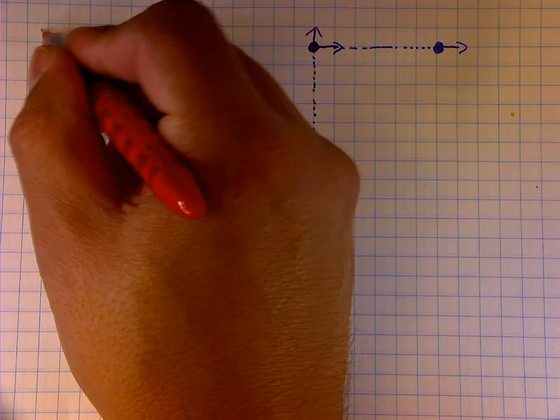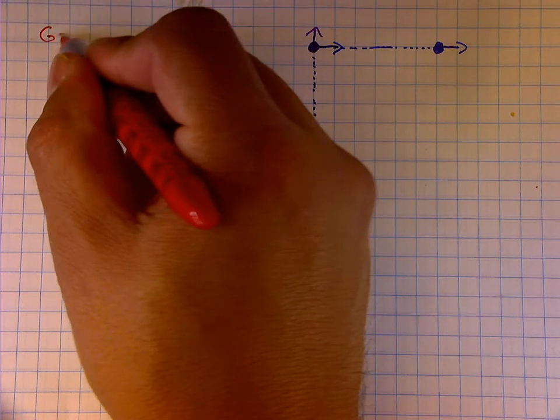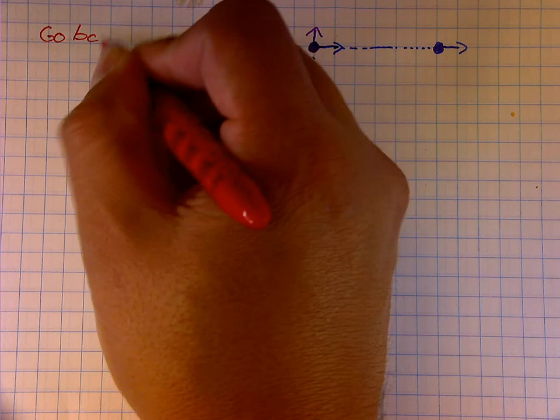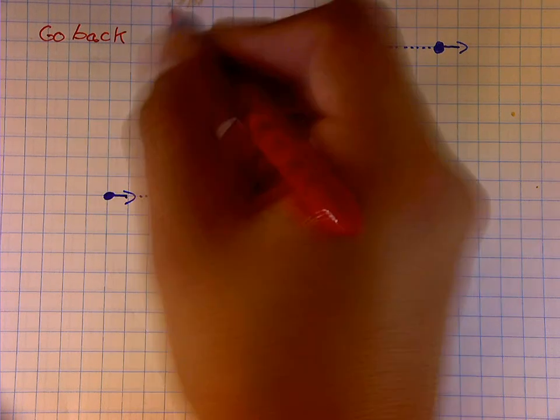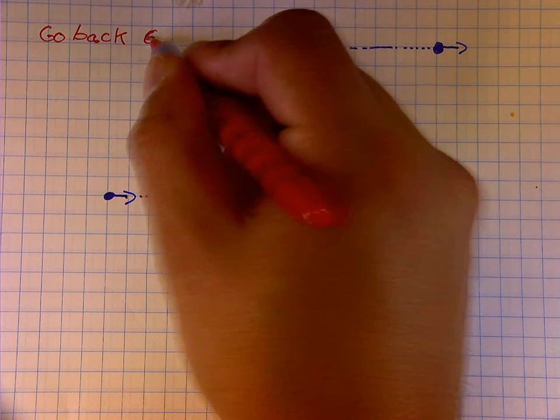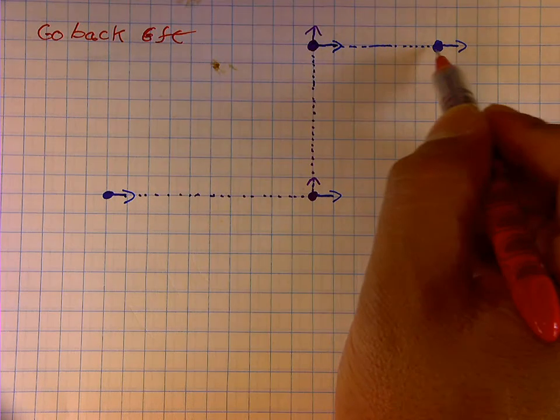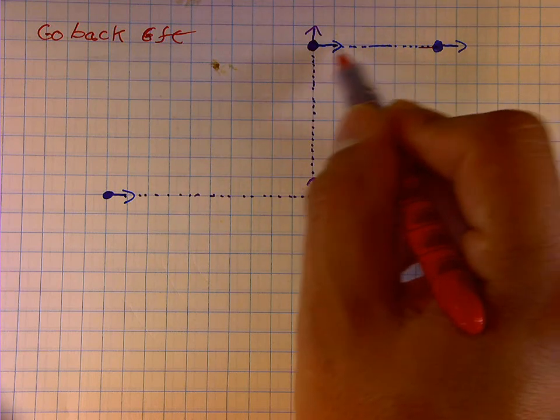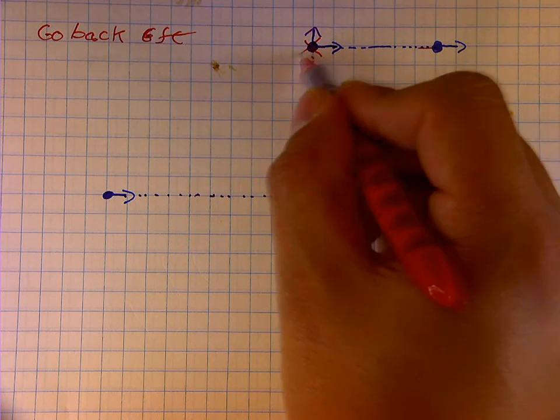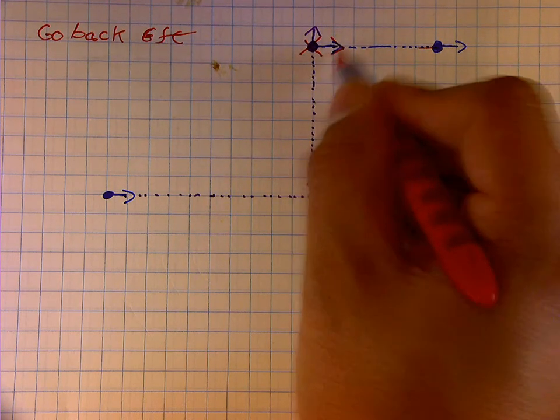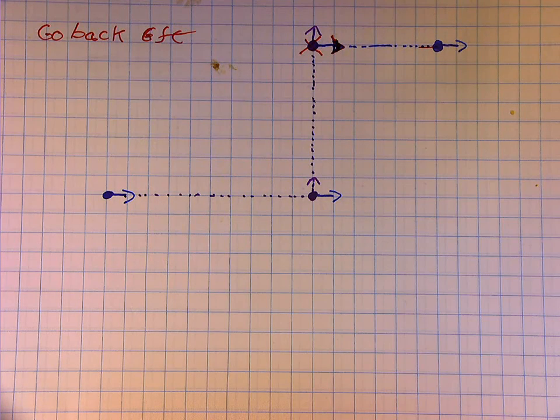So, first set of steps would be go back 6 steps, or 6 feet. So if you do that, you're going to take this path, you will end up here, and you're still facing in the same direction. So I've taken you back to this position.